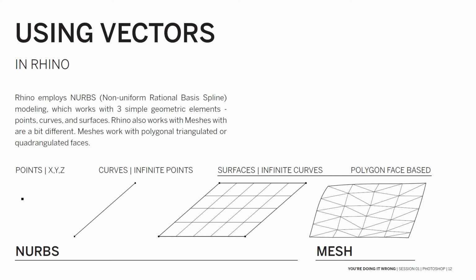So all lines are curves, but not all curves are lines. Curves have the ability to be curved. They could be a curved vector with multiple degrees, which I'll talk about in a second. But lines as an object are always straight, right? Always a connection between 2 points. Curves have a potential to be curved, but all vectors in Rhino are considered curves.